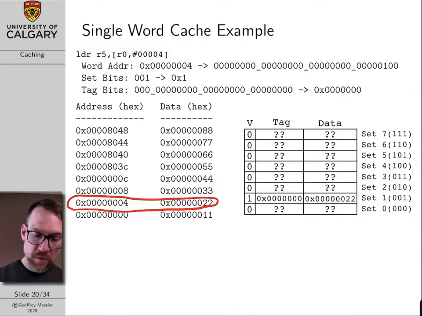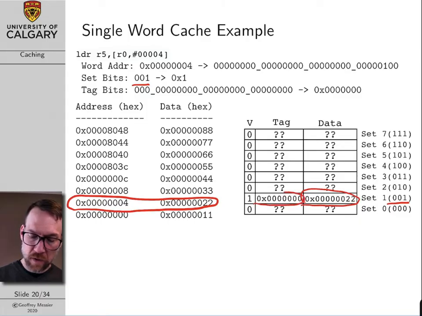And so down in our cache, we access set number 1. This is where we're going to be writing our data bits. We copy the value 22 into our data section.